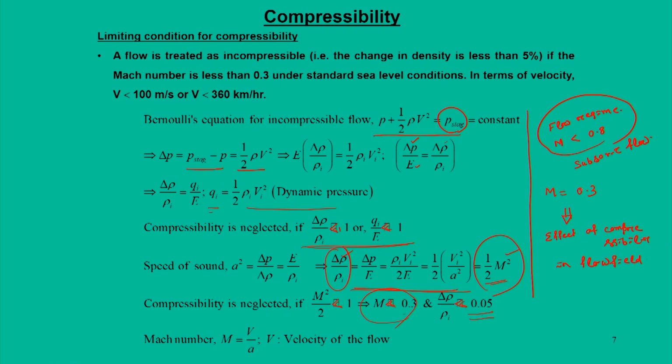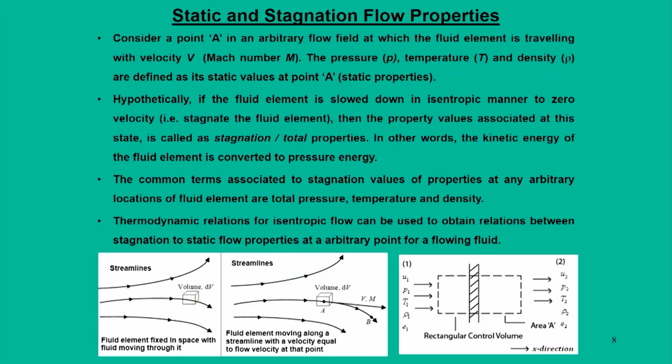So we can reframe our subsonic flow definition: any flow with Mach number higher than 0.3 and lesser than 0.8 is categorized as subsonic flow. This is the theme of this analysis where the compressibility effect is taken into account.